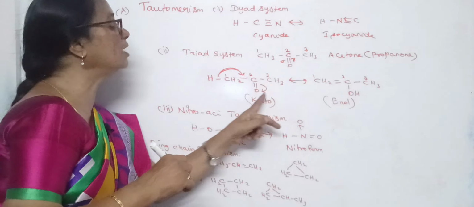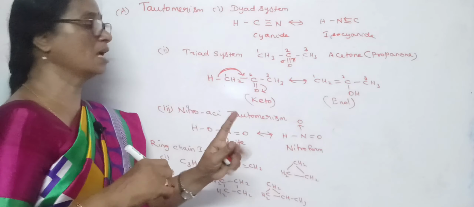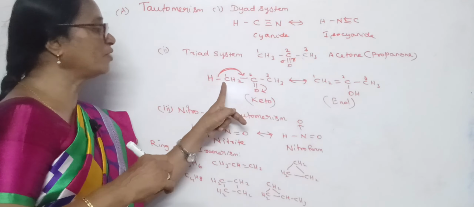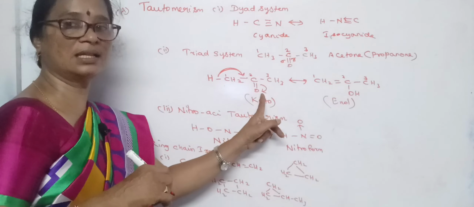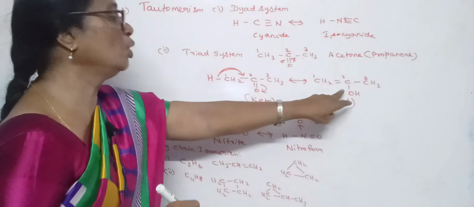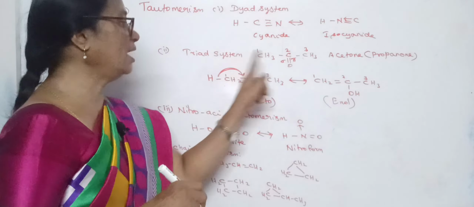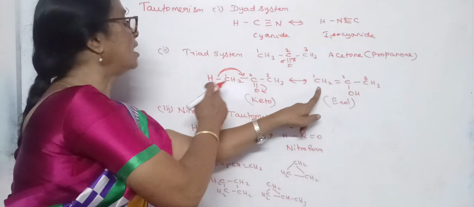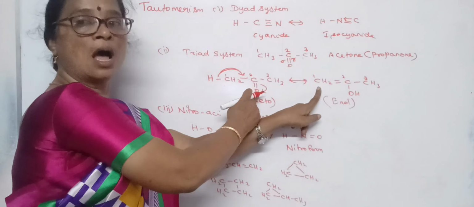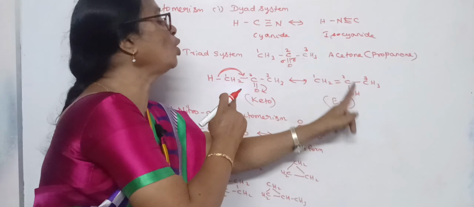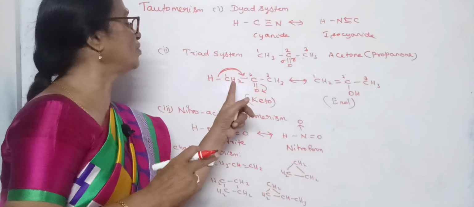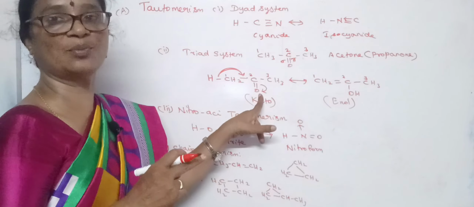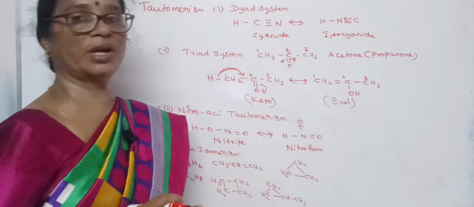So the hydrogen moves from the CH3 group to the CO group, the carbonyl group, and hence the CH3 turns into CH2 as one hydrogen moves towards oxygen, and the CO group turns into COH.